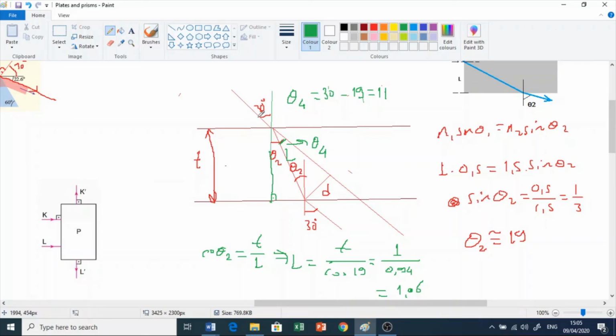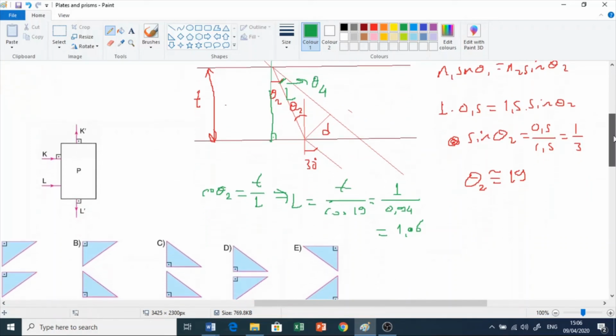Why? Because see this line, and also see this line. This angle, I mean theta 2 plus theta 4, they are going to make 30 degrees. That's why theta 4 will be equal to 30 minus 19, which is 11 degrees. So let's use this triangle. What is sine of theta 4?